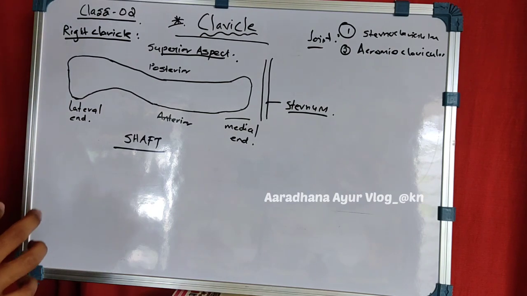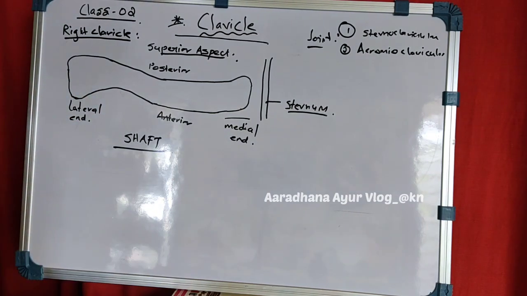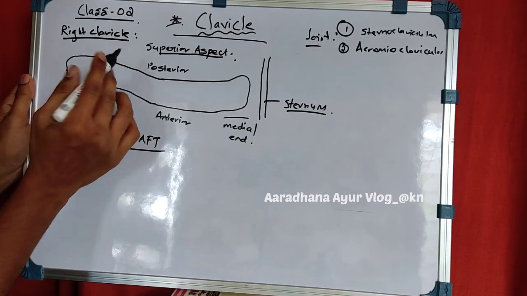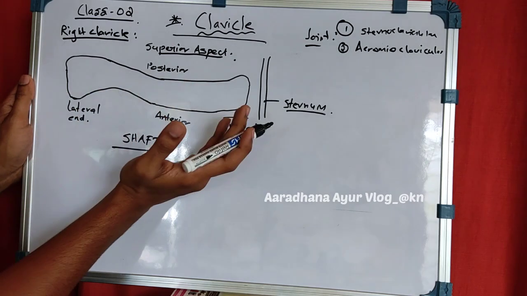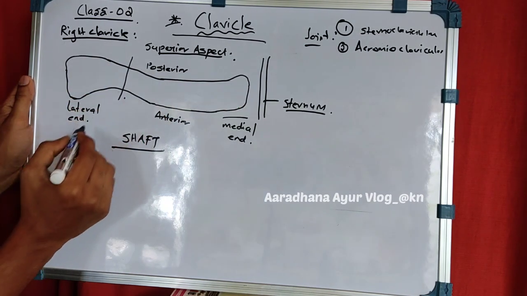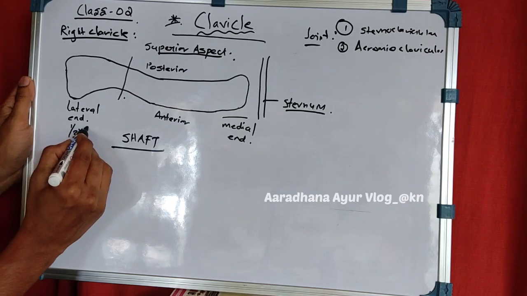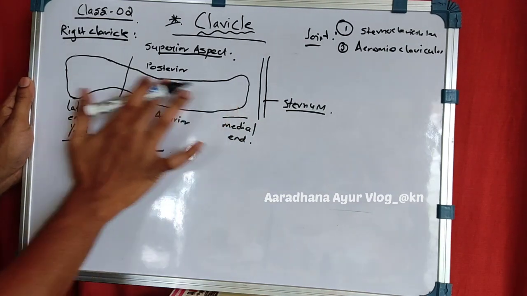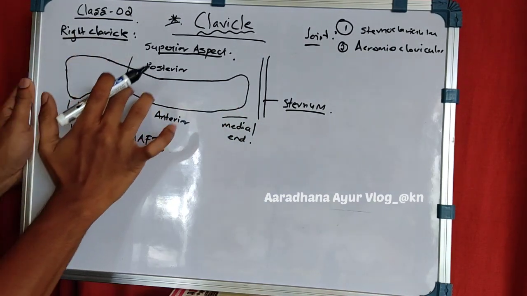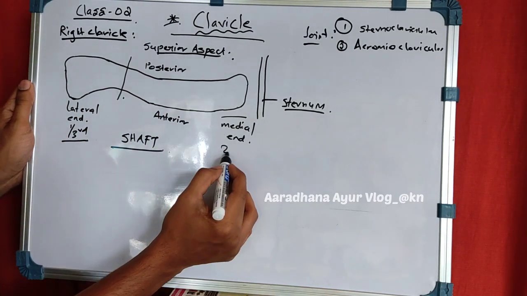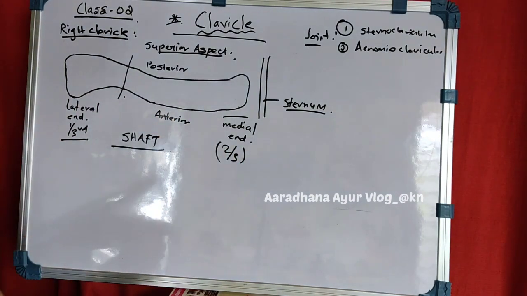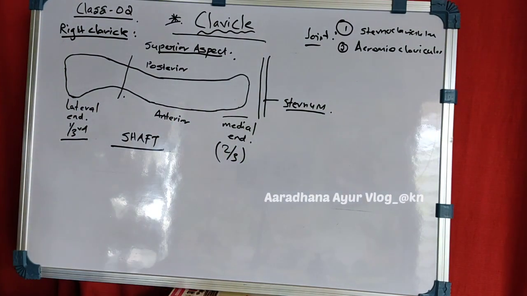The shaft is divided into the lateral 1/3 and the medial 2/3. When we divide the shaft into three parts, one part is the lateral part, the lateral 1/3, and two parts are the medial 2/3.